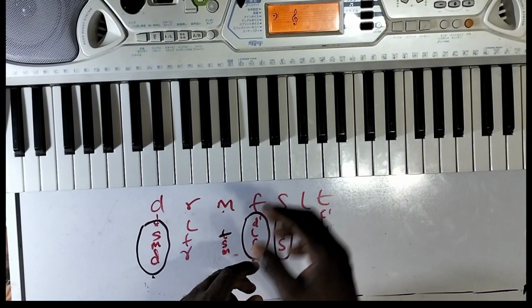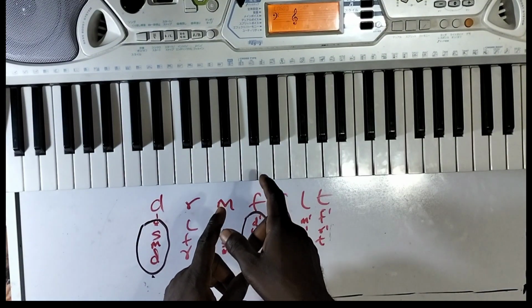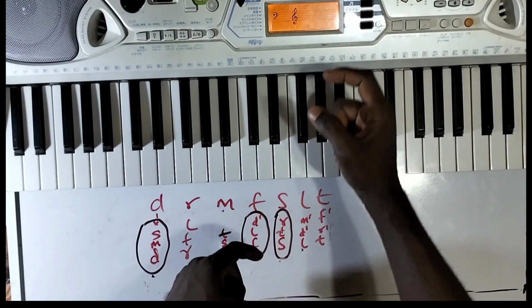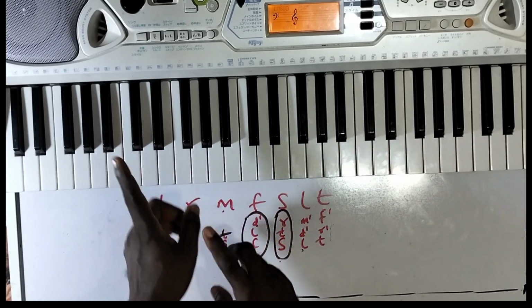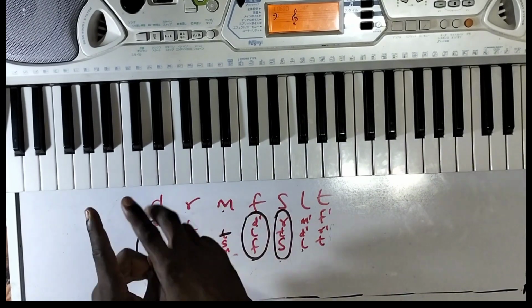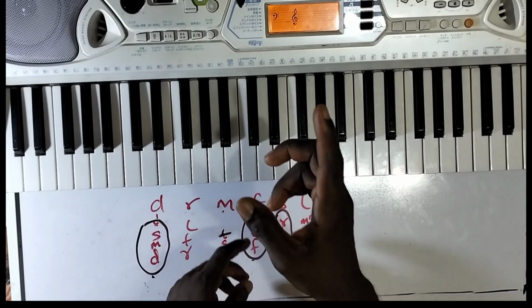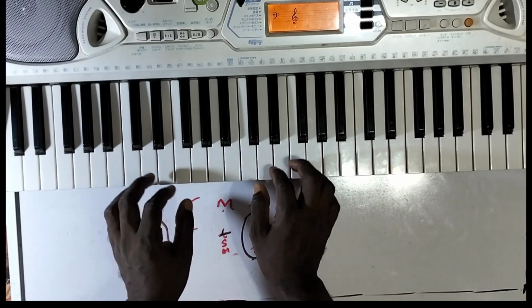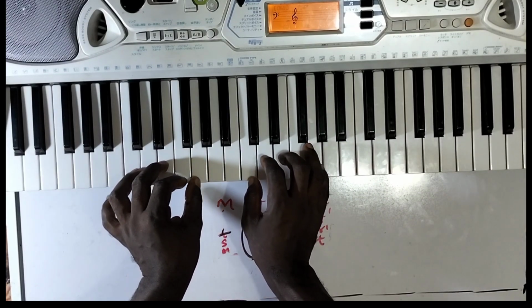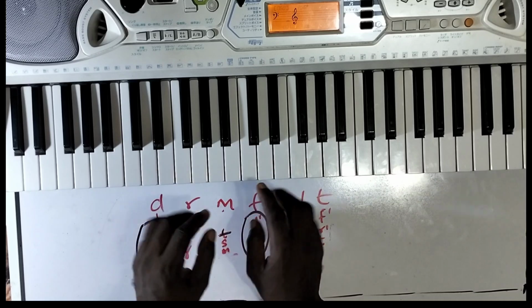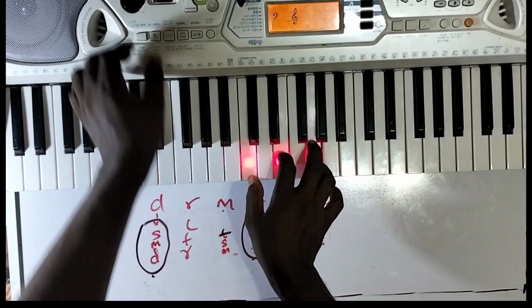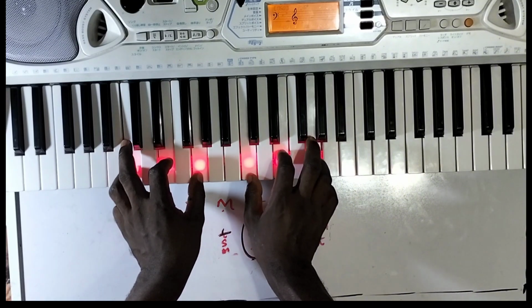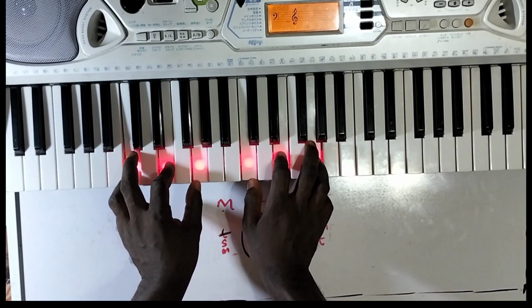Listen, one of the tips I want to give you now is that before you start vamping, if you're a beginner, please call the song and know where the major chord of the song is. What I mean by this is that if you are playing Do, let me use key C. If you are playing Do chord, this is Do chord.